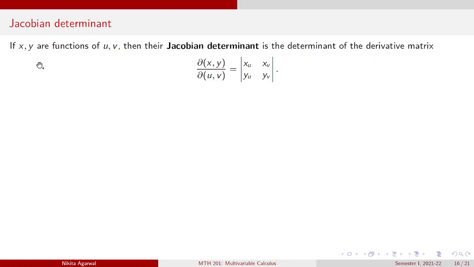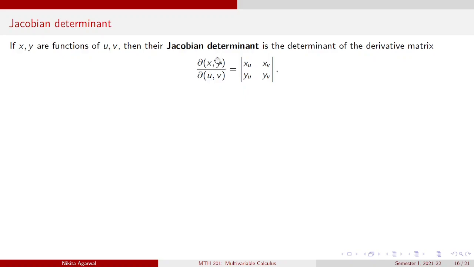If x and y are functions of u and v, then their Jacobian determinant is the determinant of the derivative matrix. This is the notation one uses for the Jacobian matrix determinant: partial (x, y) over partial (u, v).